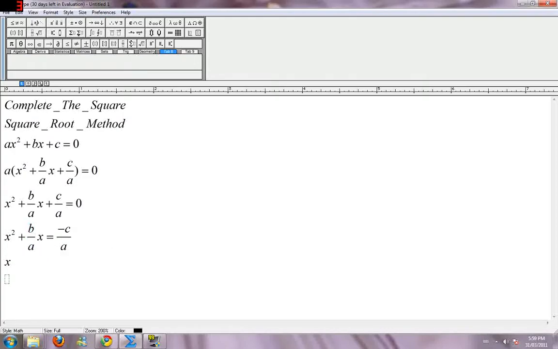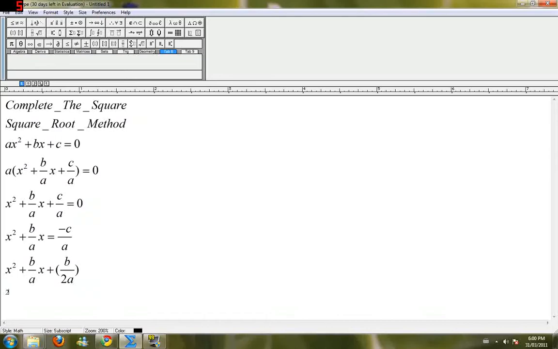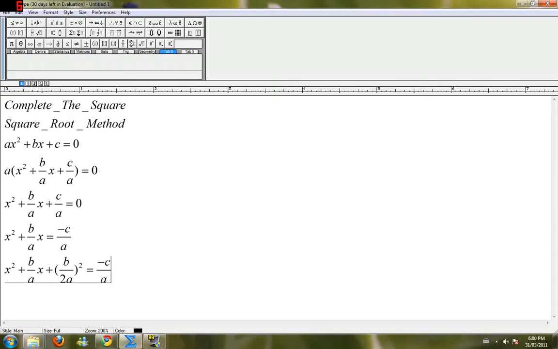So I'm going to write x squared plus b over a times x plus (b over 2a) squared, since we're taking half, is equal to negative c over a plus (b over 2a) squared. And like I said, we added to both sides, so we have that there.